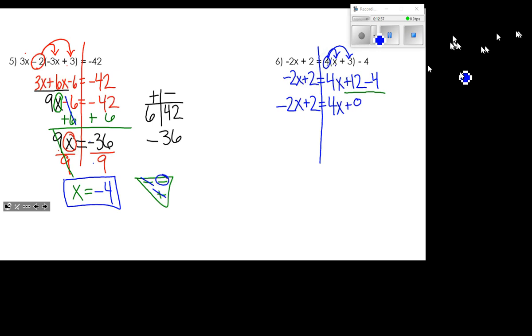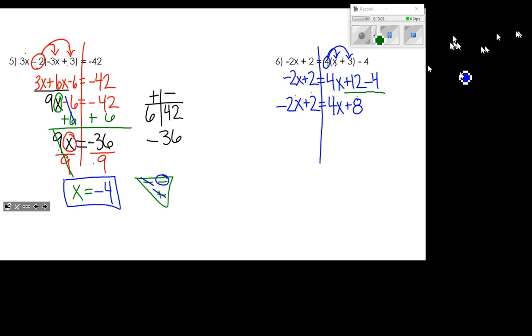So plus 8. Now I have options here as usual, so I can actually add 2x to both sides. I could also subtract 2 from both sides. I could subtract 4x from both sides, or I could even subtract 8 from both sides.